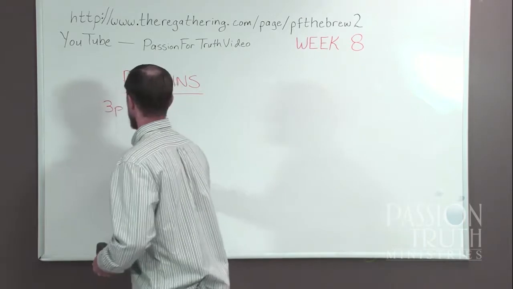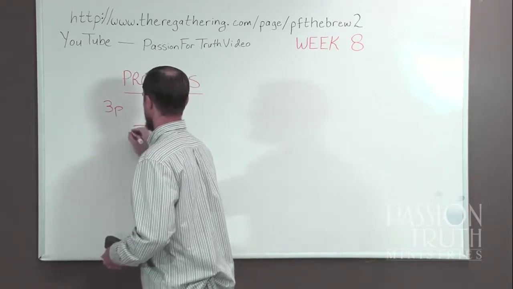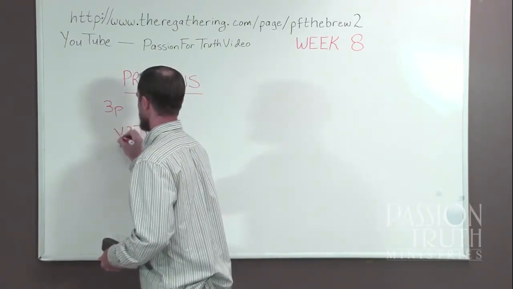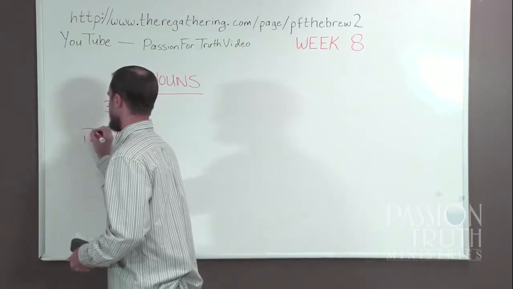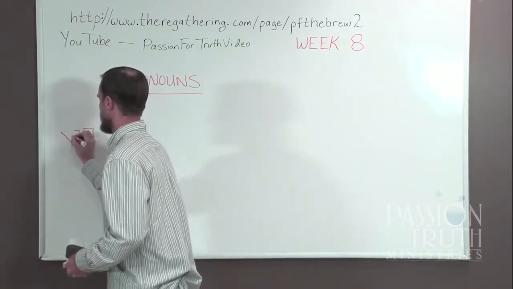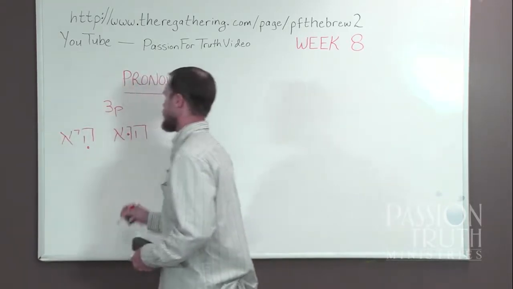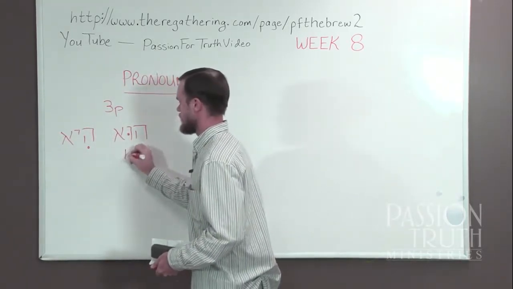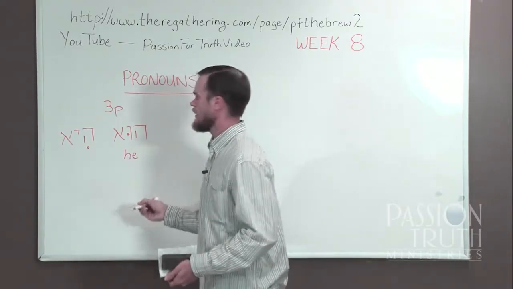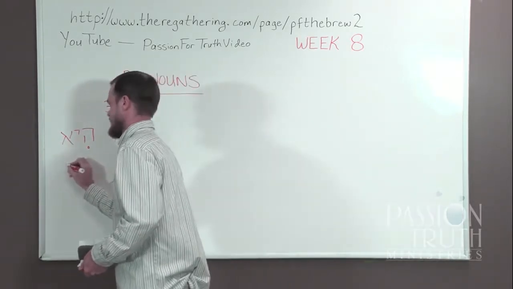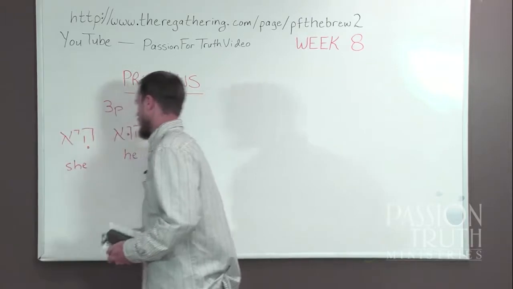The third person singular is hu and hi. Hu means he, and hi means she.